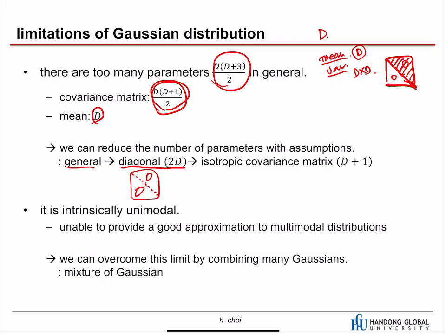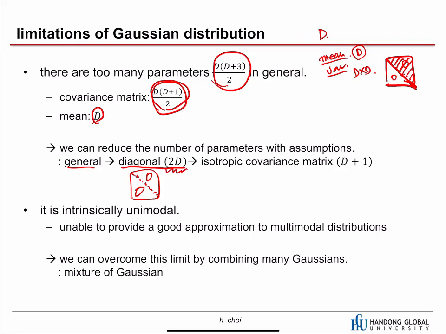Then we have d parameters for the covariance matrix, and we have d parameters for the mean vector. So in total we have 2d parameters. But if that is too many parameters, then we can reduce one more time.